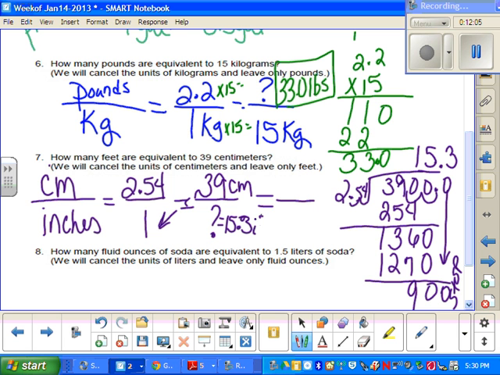But we're not done yet because it's wanting us to go to feet. So what does everyone know about feet? Now we're going to go centimeters to inches with setting up our proportion now. So how many inches are in a foot? So we've got 12 inches to 1 foot.